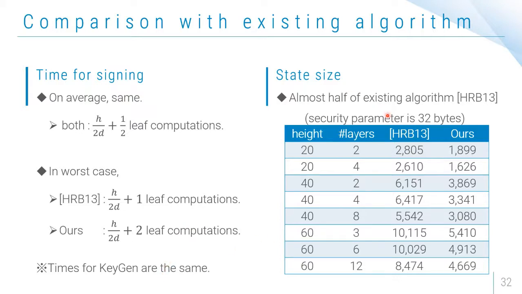Next, I compare the state size in the table. Only the parameters whose security parameter is 32 bytes are shown in this presentation. As you see, the state size is almost half of the existing algorithm of HRB13.